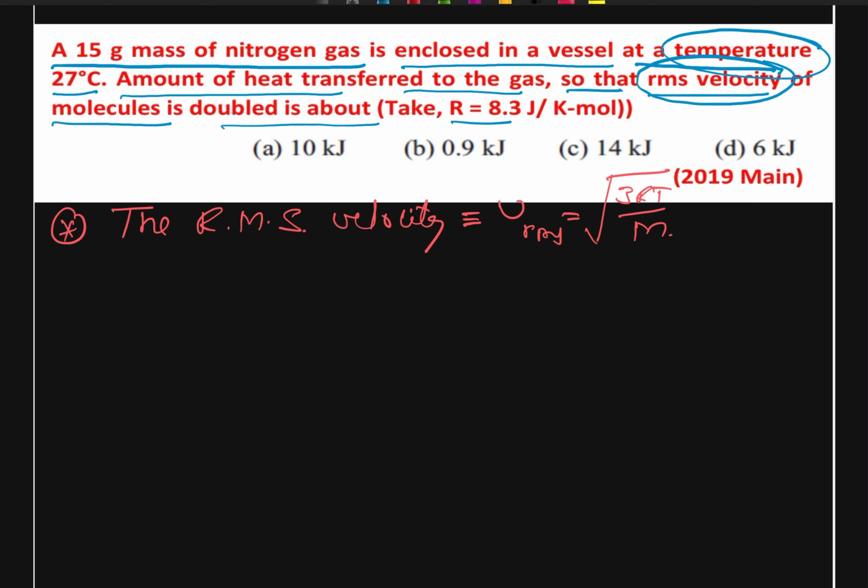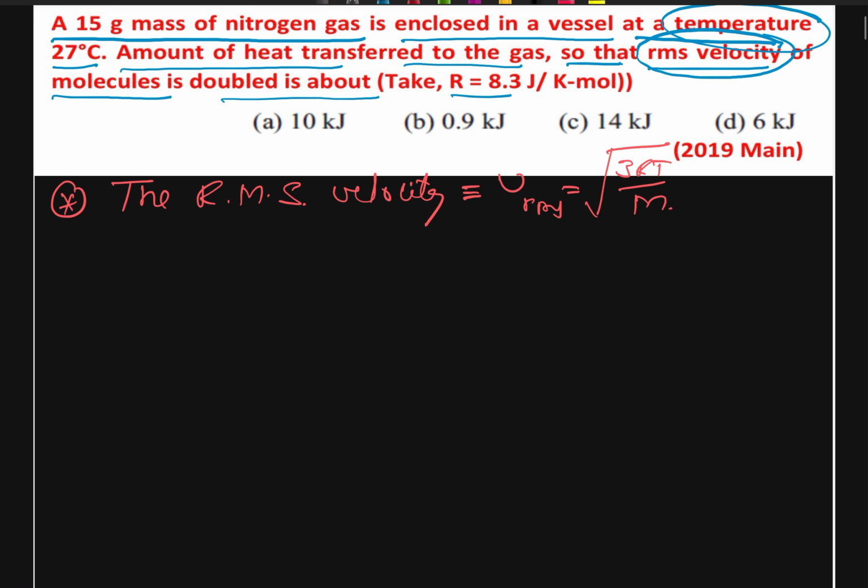Okay. So it means, let us suppose our new RMS velocity is V prime RMS, and this V prime RMS will be equal to twice of our VRMS.